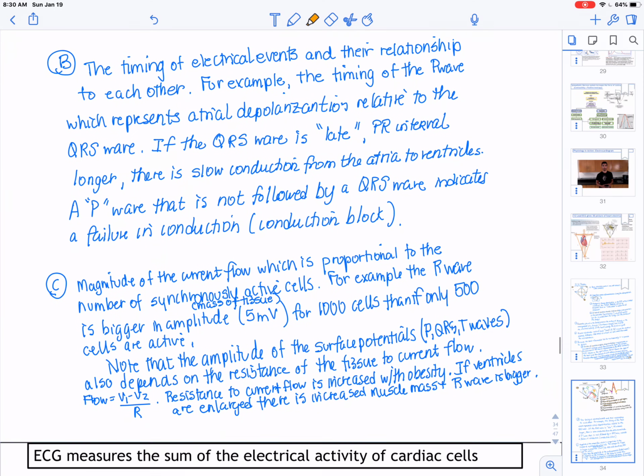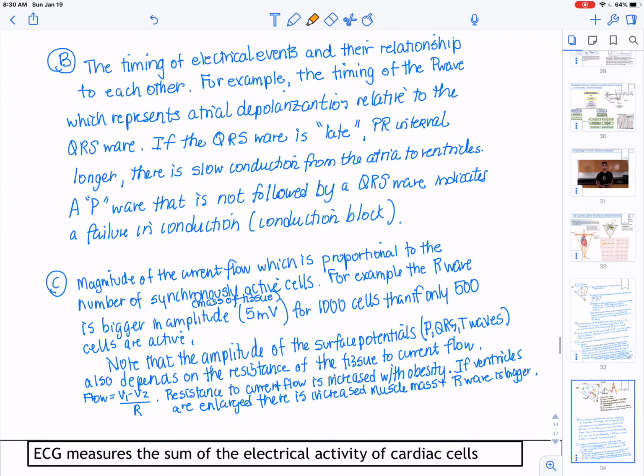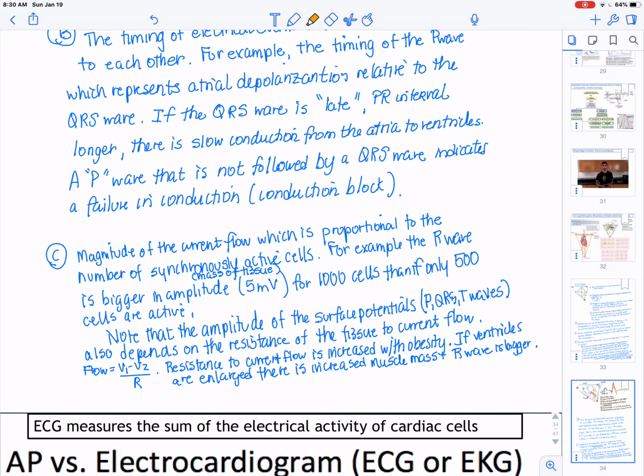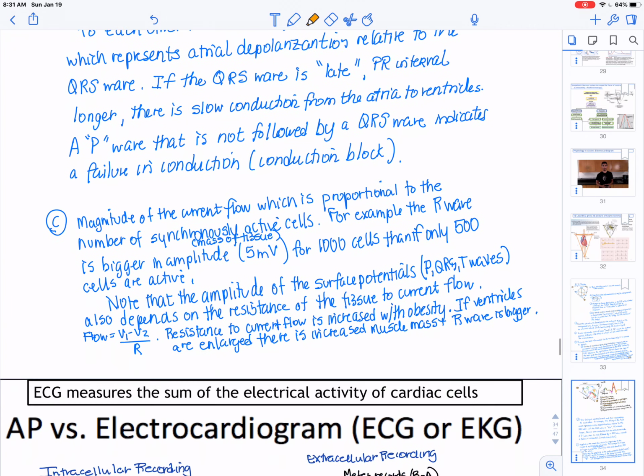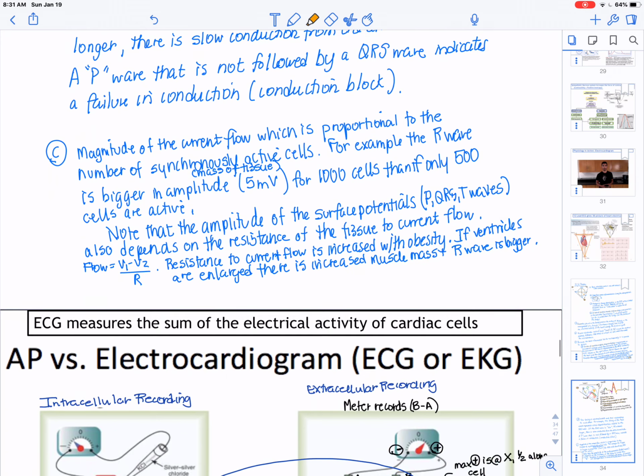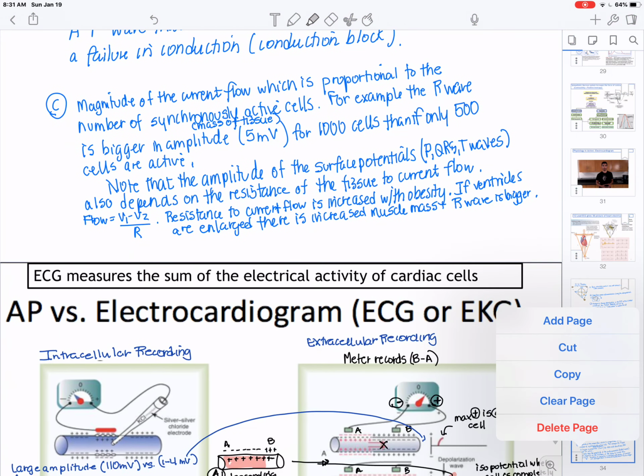And that could mean there's some conduction problems. Also, a P wave that is not followed by a QRS wave indicates a failure, for example, a complete conduction block. So looking for whether the waves are present and whether their timing is as expected from normal heart function is important when evaluating heart challenges that are being analyzed with an ECG.